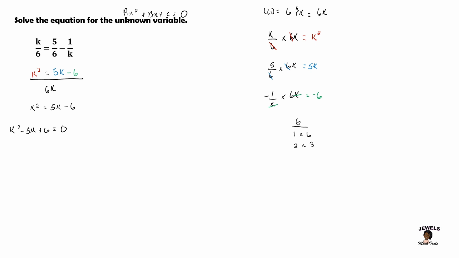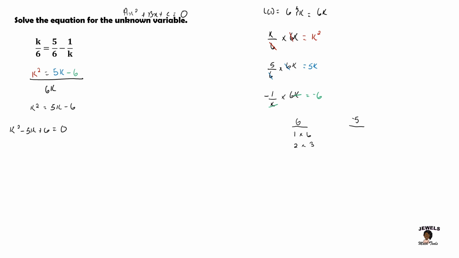One is that in multiplying my numbers, I need to be able to get 6. And the second is that when I add or subtract these numbers that I multiply to get 6, I must also be able to get the -5 that's attached to my variable. So I need to be able to multiply to get a +6, and then when they are added or subtracted, I need to be able to get a -5.